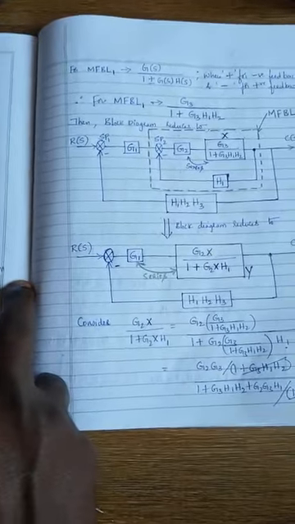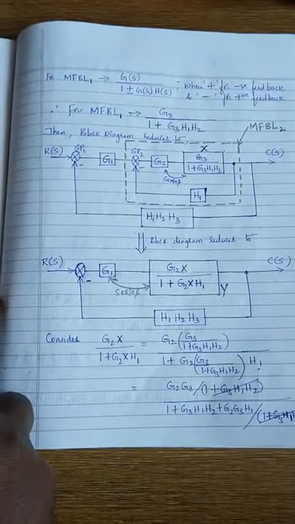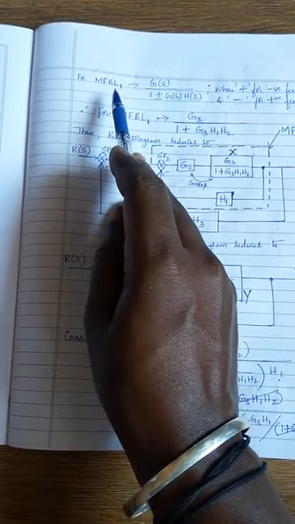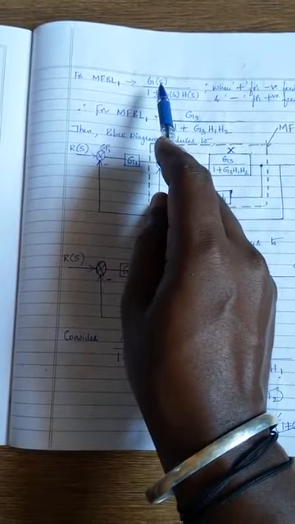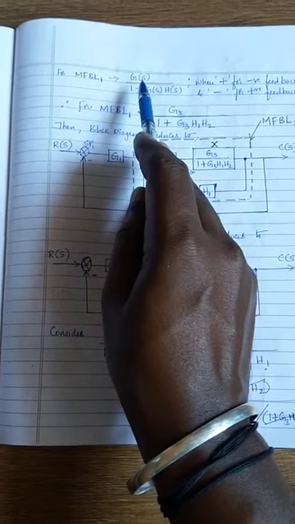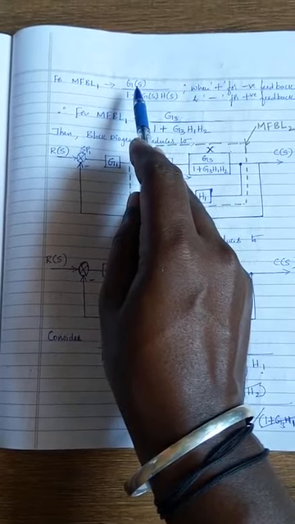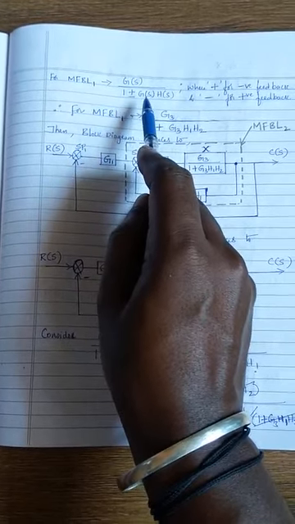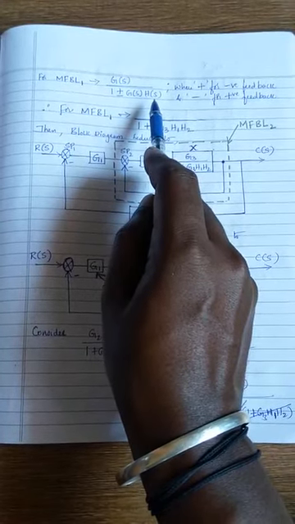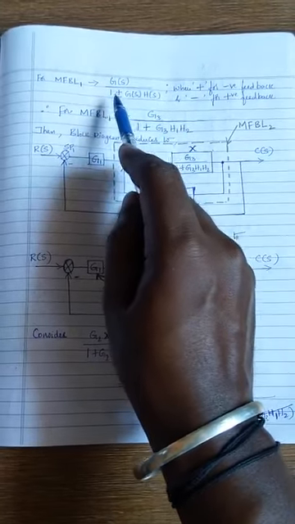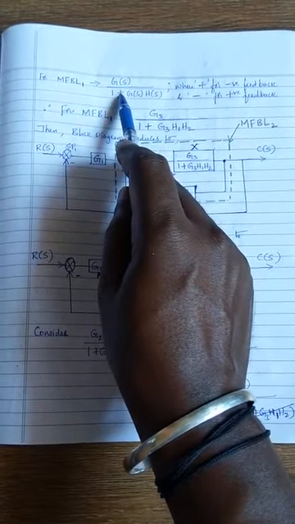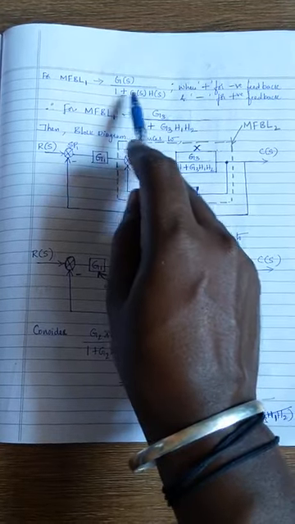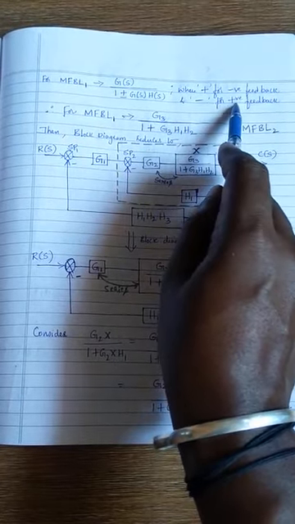Now for MFBL1, generally when you have the canonical form of a closed system, you can write it as G of s divided by 1 plus or minus G of s into H of s, where the positive sign is taken if the feedback is negative, and the negative sign is taken if the feedback is positive.